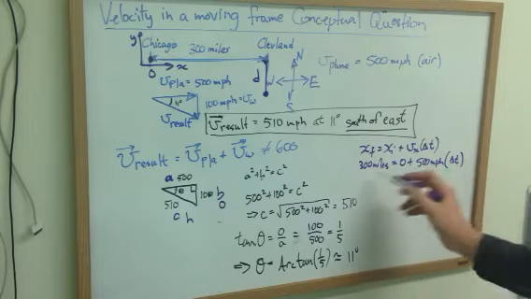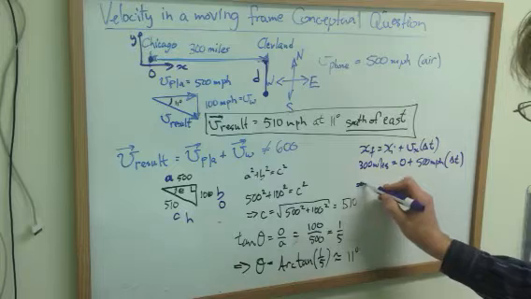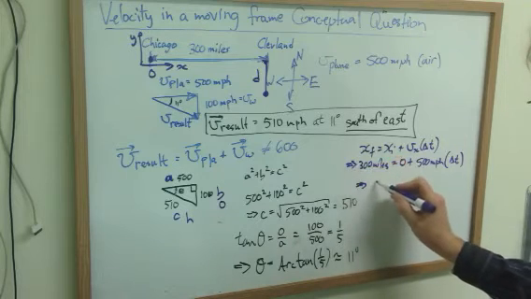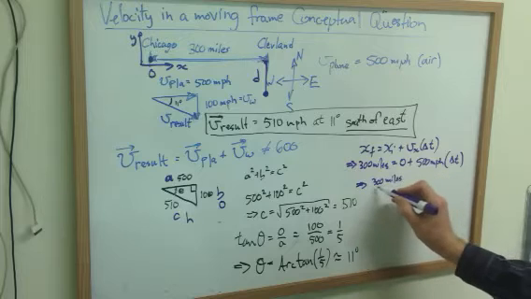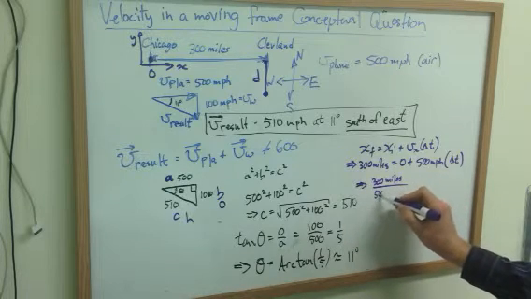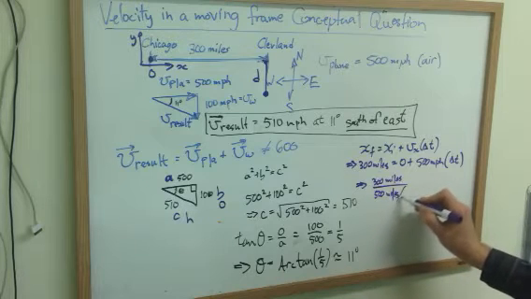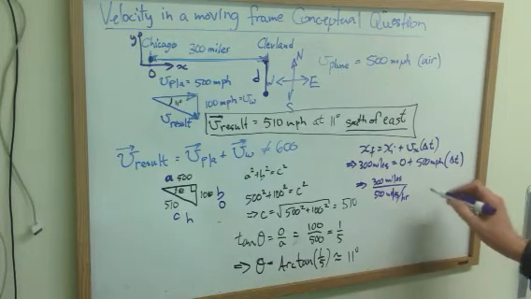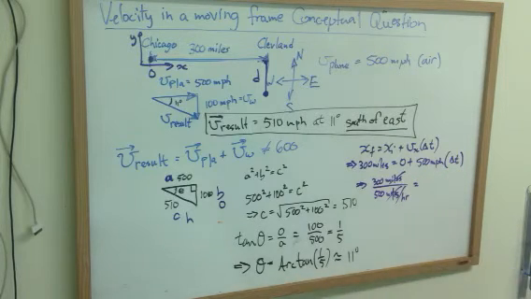I can divide both sides by 500 miles per hour to isolate delta t. So this implies 300 miles divided by 500 miles per hour is equal to, well, the miles and miles cancel.